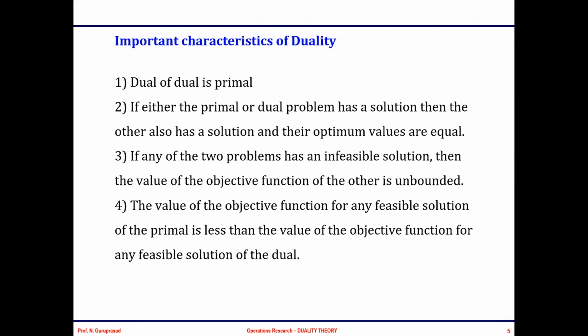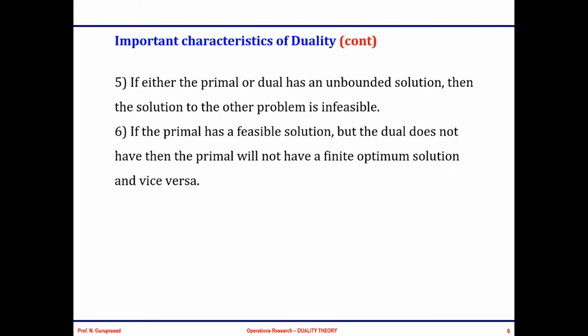The third characteristic is that if any of the two problems has an infeasible solution, then the value of the objective function of the other is unbounded. Fourth, the value of the objective function for any feasible solution of the primal is less than the value of the objective function for any feasible solution of the dual.